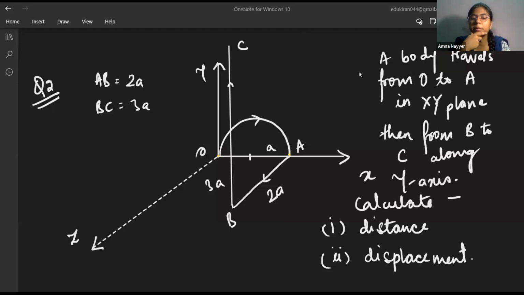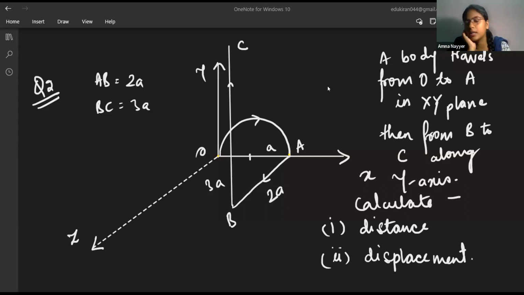You all don't know the perimeter of a semicircle. The full circle's perimeter is 2 pi r.